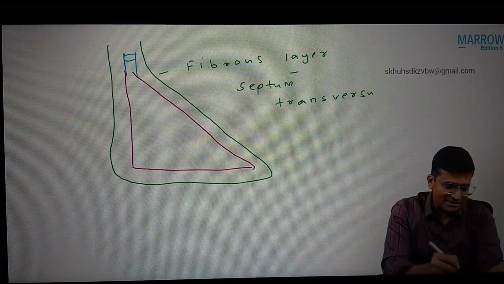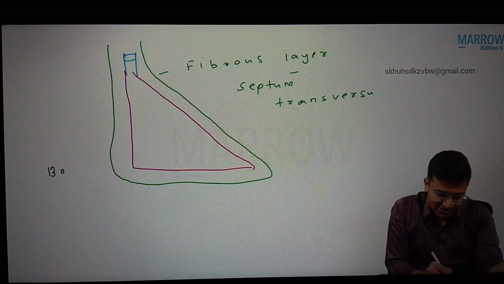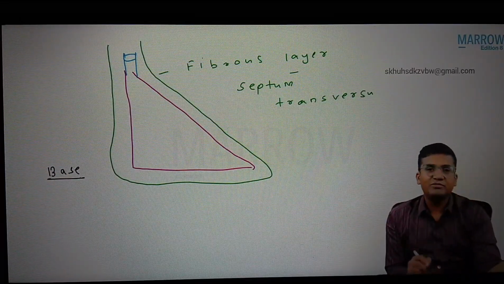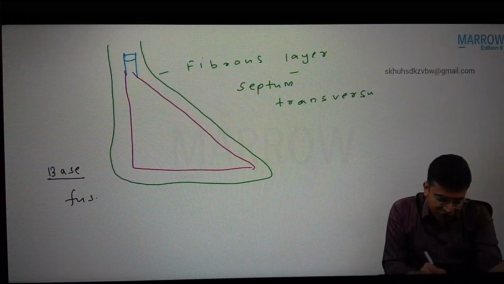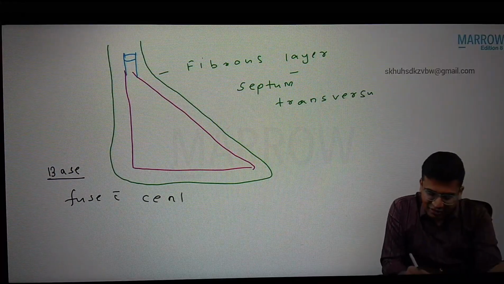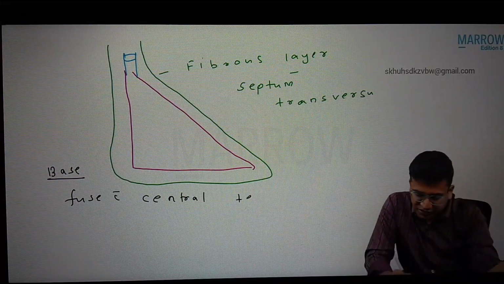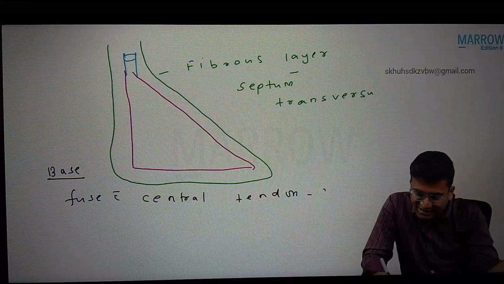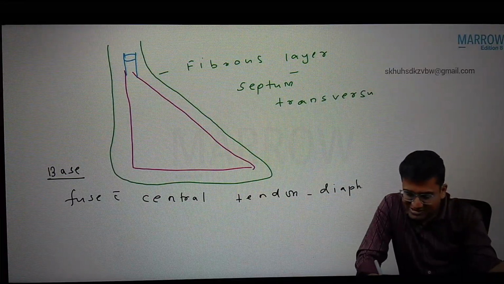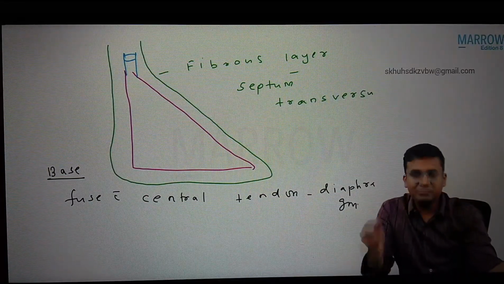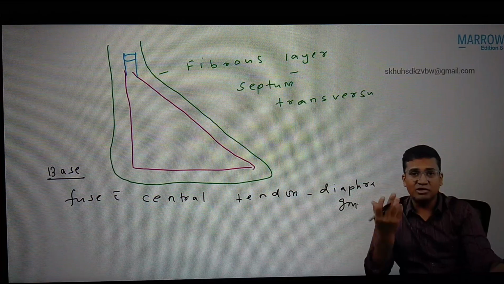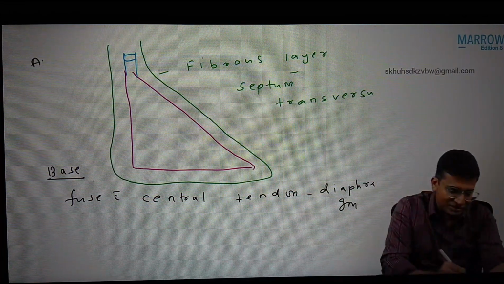So now this is the base. The base of the fibrous layer is fusing with the central tendon of the diaphragm. Clear? Why, sir? Because developmentally they come from the same origin. Now what about the apex?